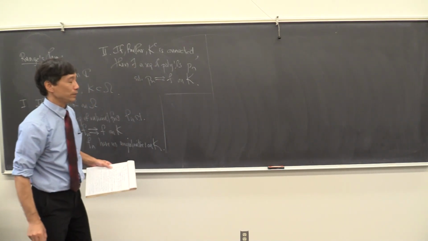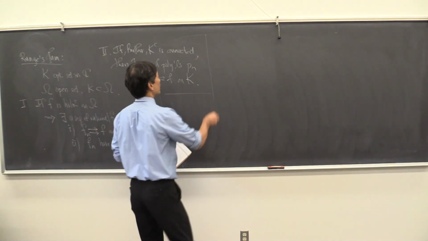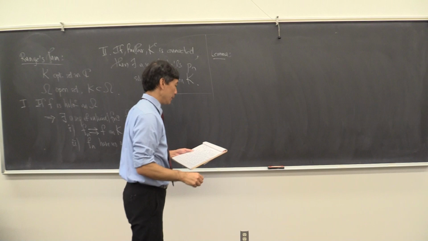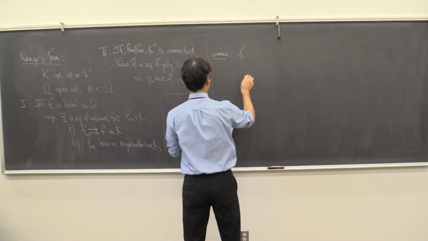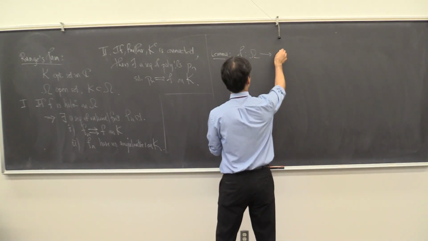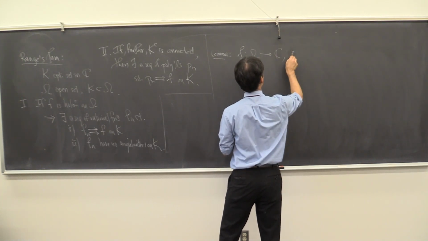So the proof relies on a few lemmas, and the lemmas are pretty straightforward, I think. The first goes like this. You have a function f on some open set omega, and f is holomorphic.